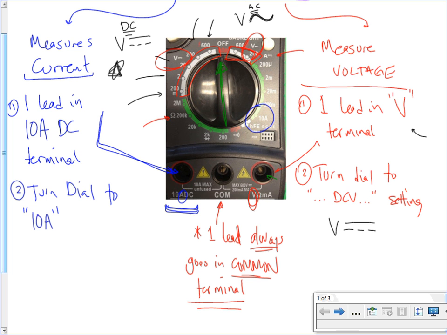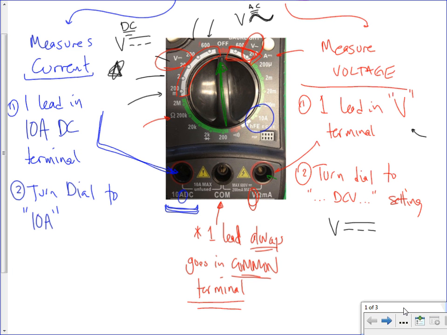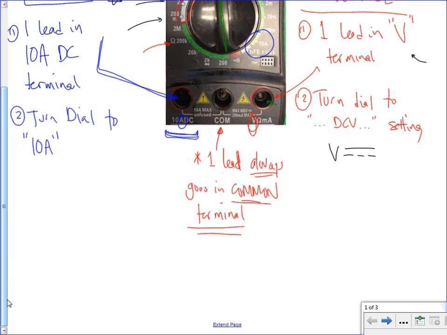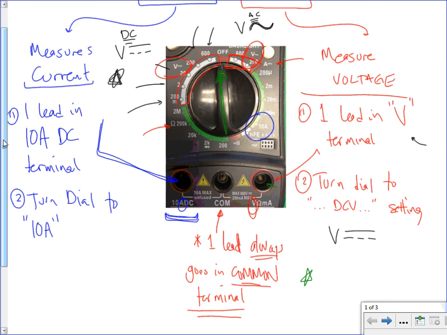And so what I'll recommend is that you ought to check, if you can, and try to use the more sensitive settings.